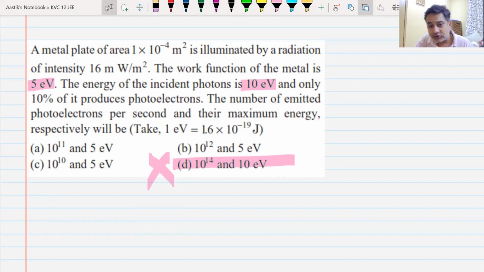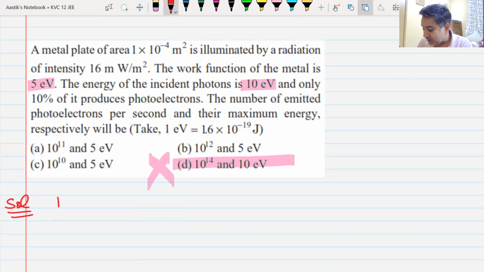How many photons are falling on it? How many photons per second are falling on it? So intensity is given, and you can make the formula of intensity from there.